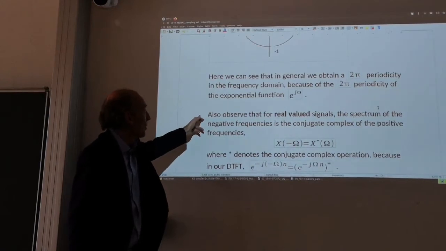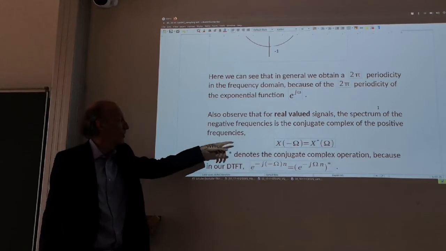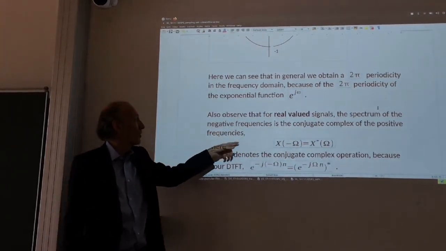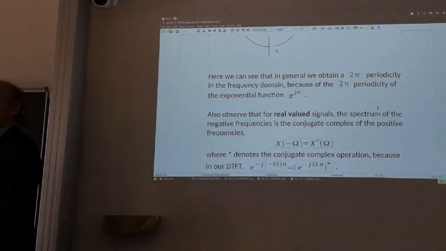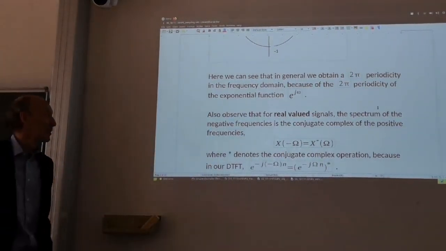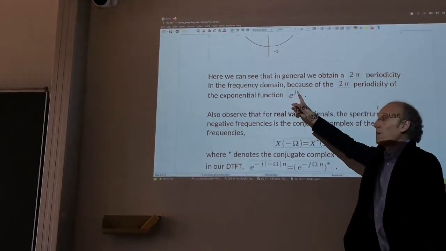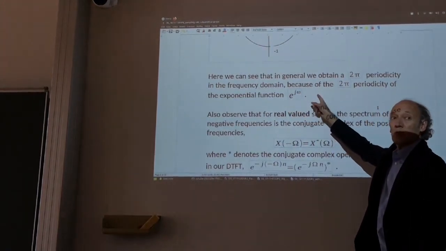Also for real-valued signals, the spectrum of the negative frequencies, here for minus omega, is the conjugate complex of the positive frequencies. And this is again a property of e to the j omega. If you plug in minus omega here, then you have e to the minus j omega, and that's the conjugate complex of e to the j omega.